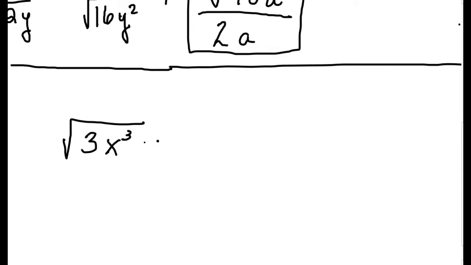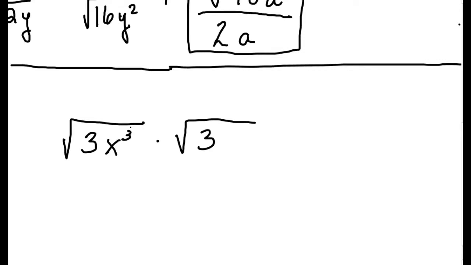So we're asking ourselves, what can we multiply this by to make this a perfect square under the radical sign? You could times it by 3. Yeah, so square root of 3, and what can we do with this x to the third? How do we make that something that's a perfect square?